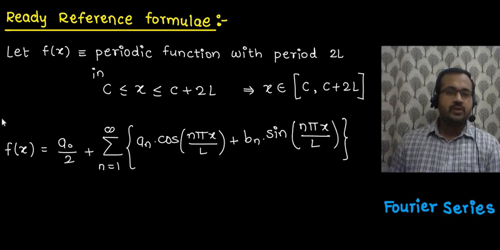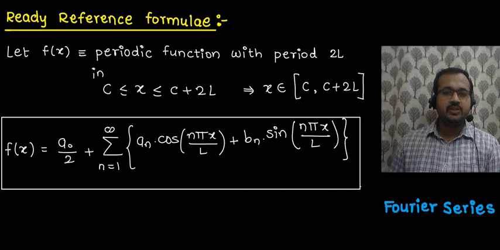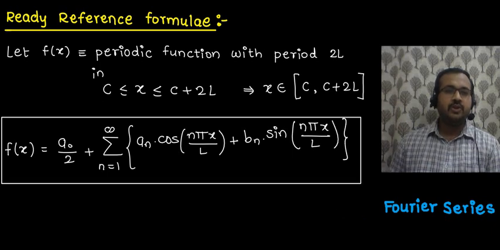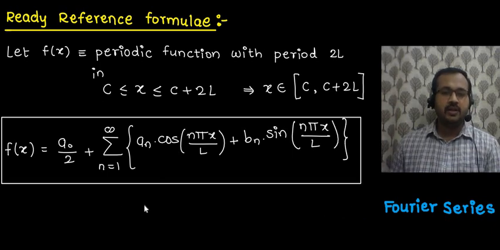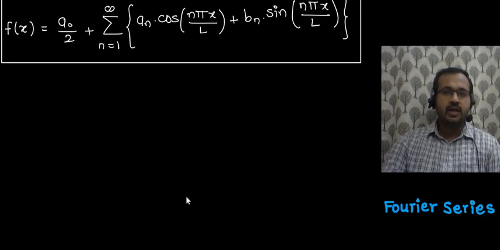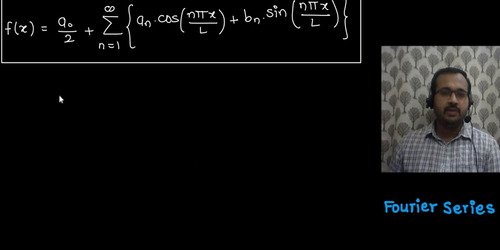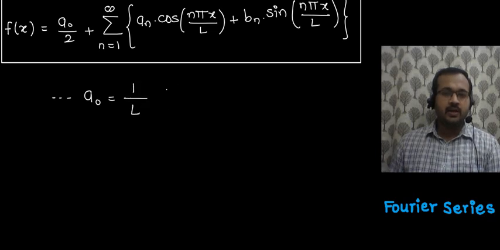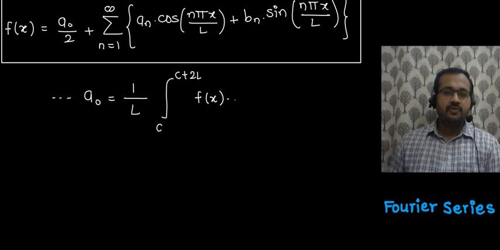So this is the required Fourier series expression for the given periodic function with period 2L, where the Fourier coefficients a0, an and bn are evaluated by using Euler's formulas, where a0 is equal to 1 upon L, integration in the given range, which is c to c plus 2L, of the function f of x with respect to x.